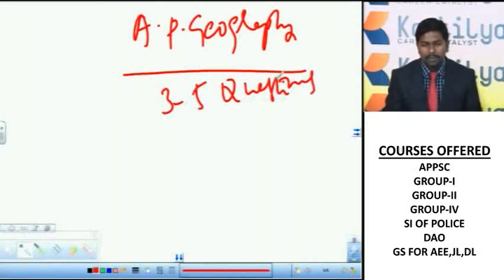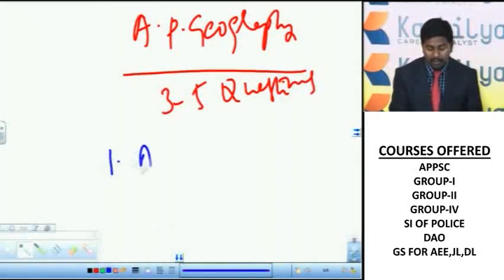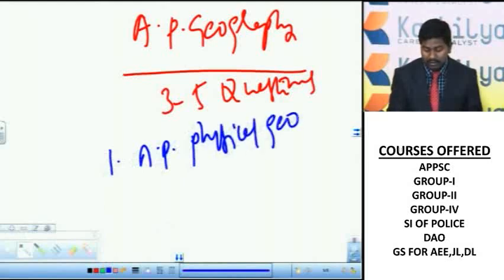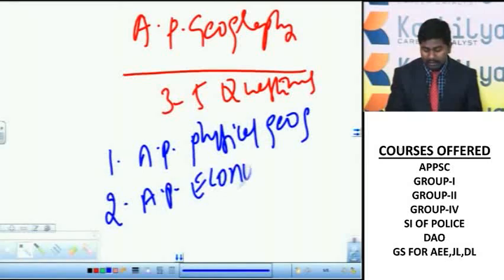These questions, or the syllabus of AP Geography, can be divided into 3 parts. Number 1, AP Physical Geography. Number 2, AP Economic Geography.